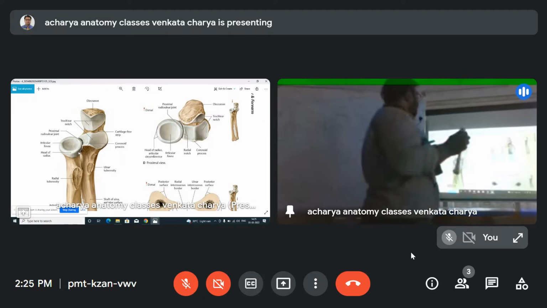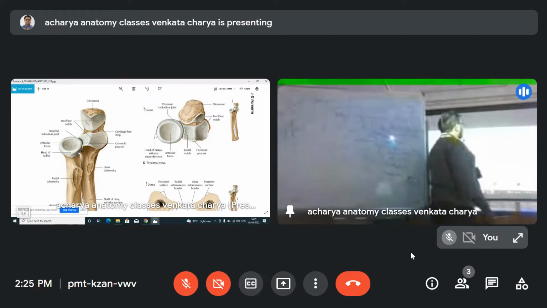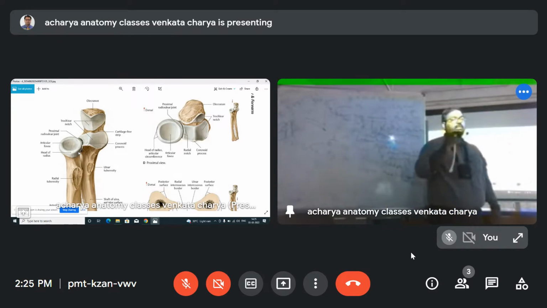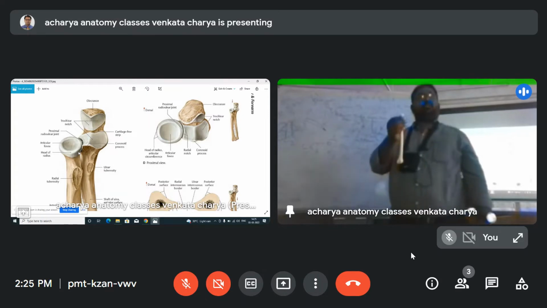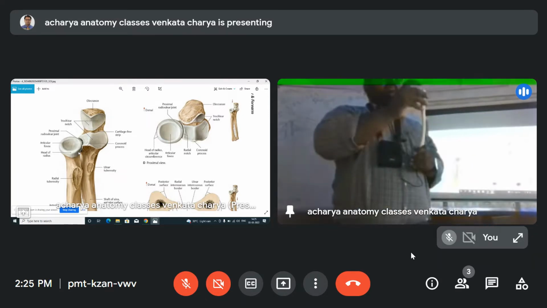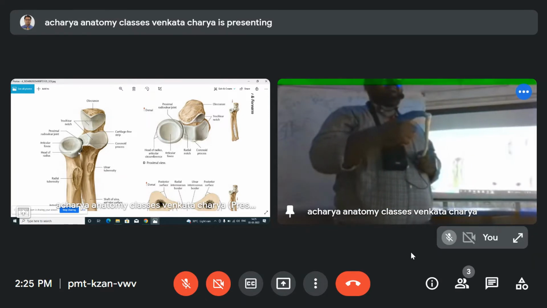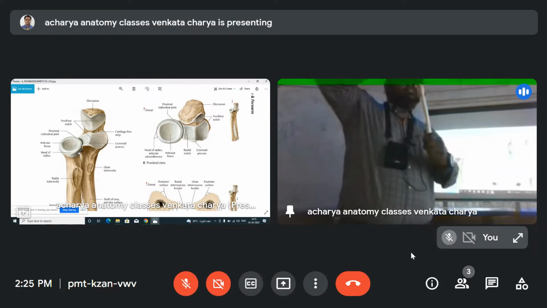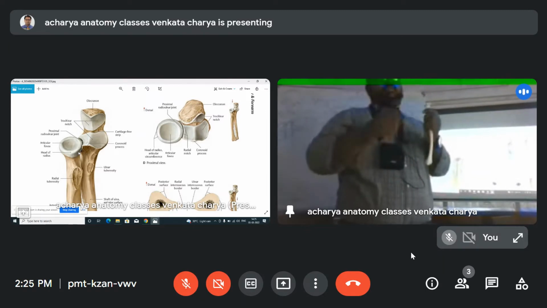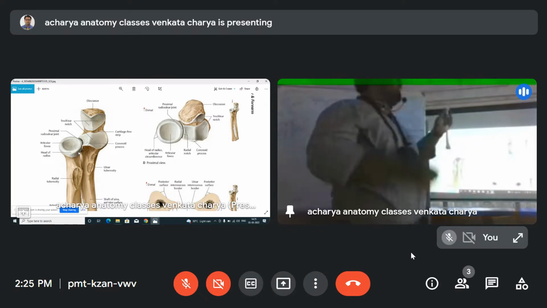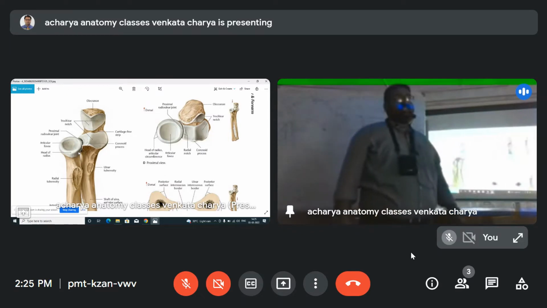So first we discuss the head. The head consists of two surfaces: number one is the superior surface and number two is the circumference surface. First we discuss the superior surface.